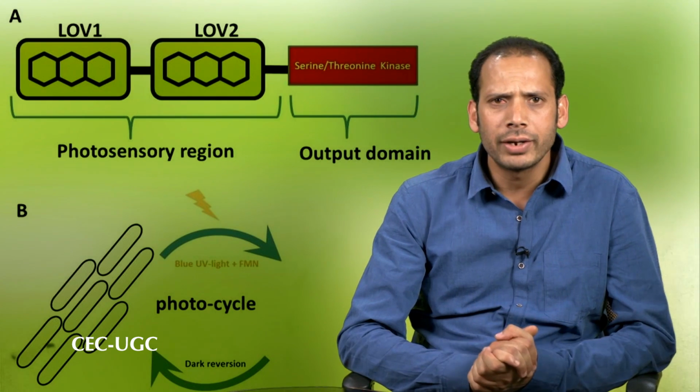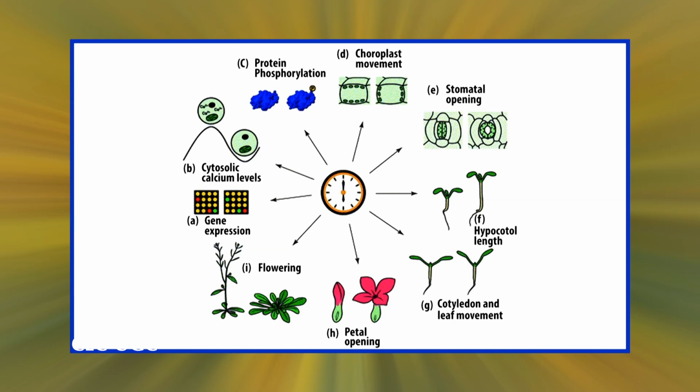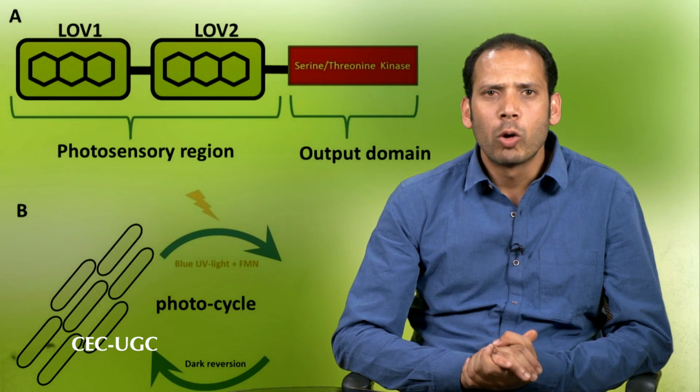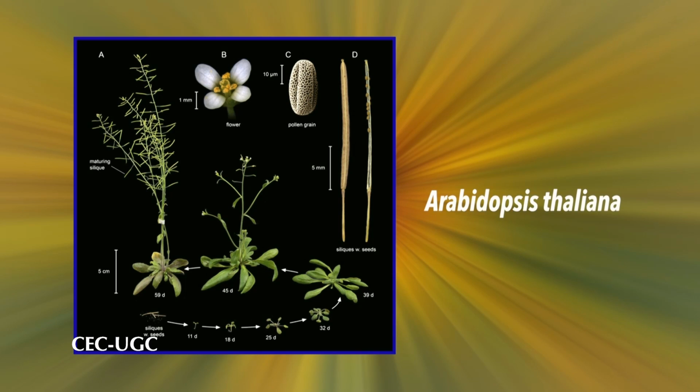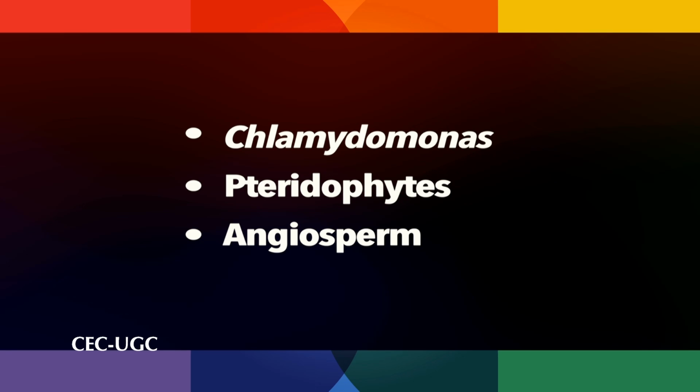Phototropins are blue light sensors that are responsible for a range of responses including phototropism, chloroplast movement and stomatal opening that combine to increase the photosynthetic efficiency of plants. Initially identified in the model plant Arabidopsis thaliana, phototropins have since been characterized in the unicellular alga Chlamydomonas, pteridophytes and several angiosperms.